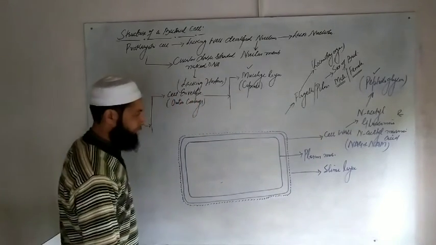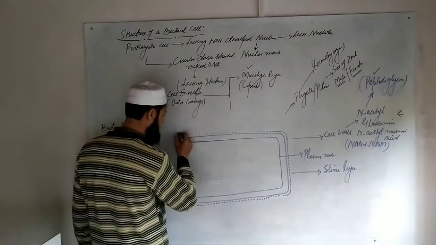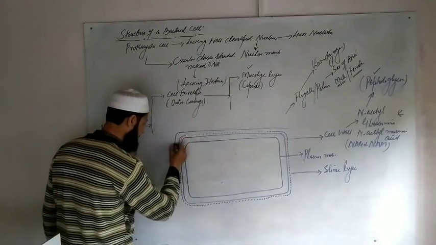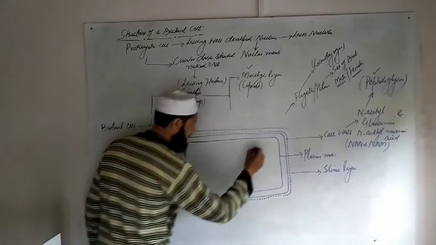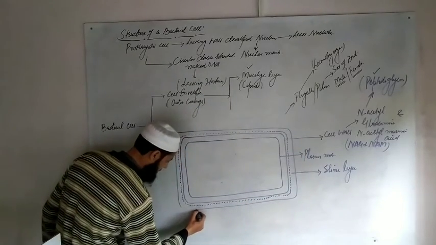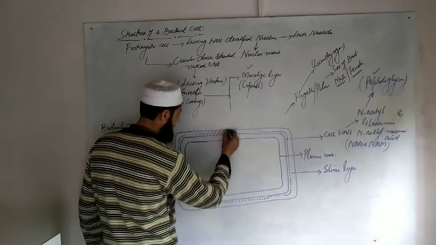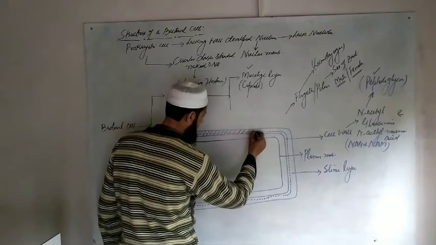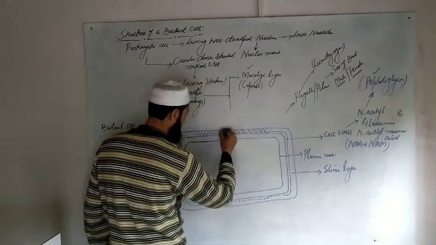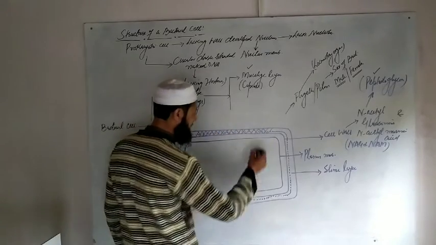And in some pathogenic bacteria, as I already told you, this slime layer becomes thick and tough, forming another covering in the form of a polysaccharide capsule.